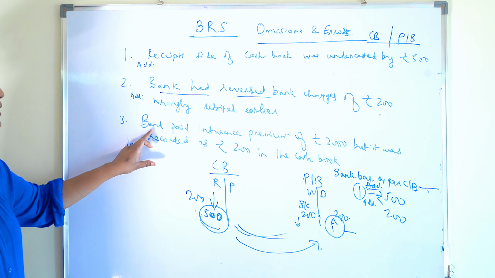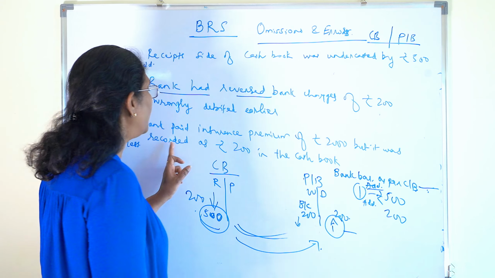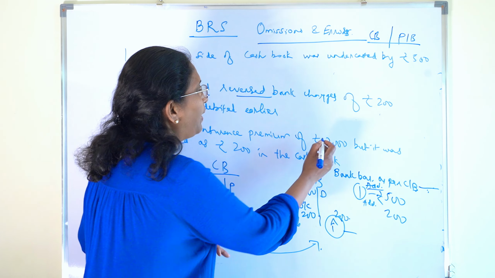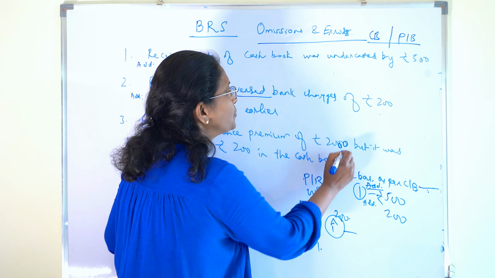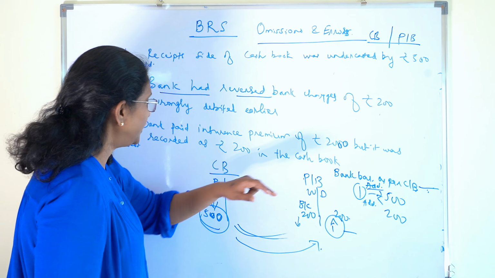Clear? Now third: the bank paid an insurance premium of 2000, but it was recorded as 200 in the cash book.